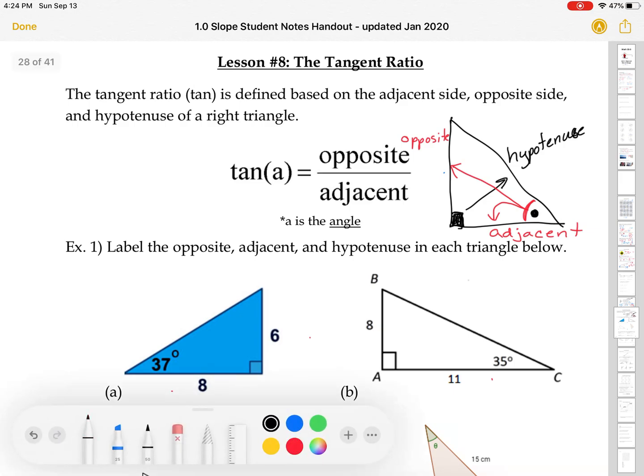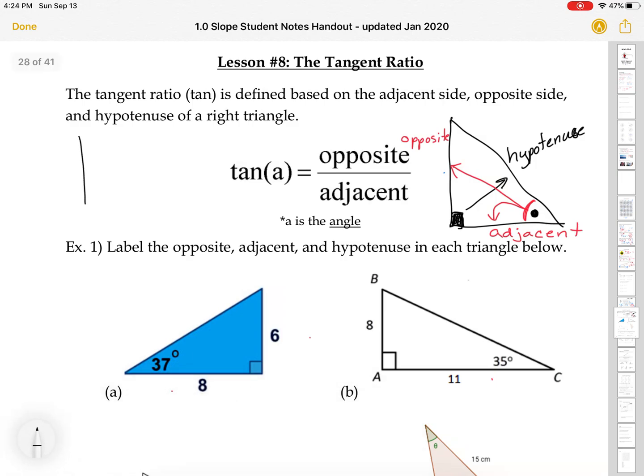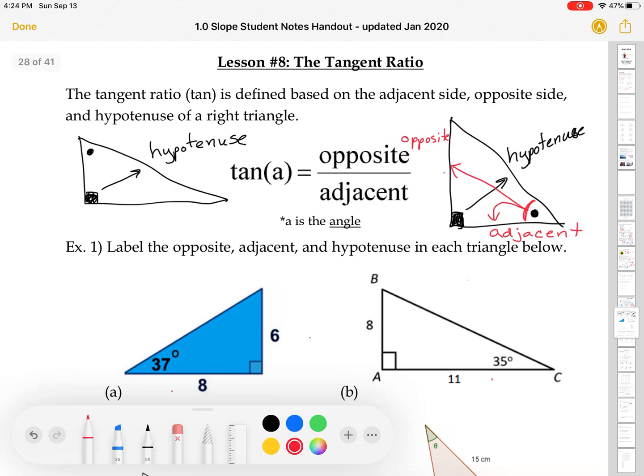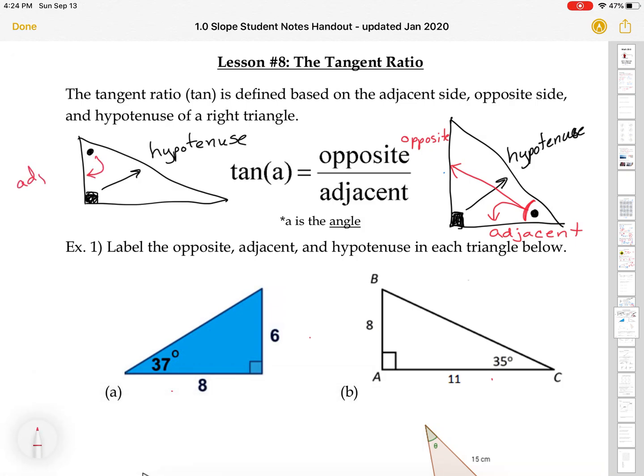Now, just a note, if you're looking from the other angle, it's going to change things. Say we're looking from this angle up here. Well, the hypotenuse is always the biggest one across, right? But now the one right next door is the adjacent, and the one across is the opposite.